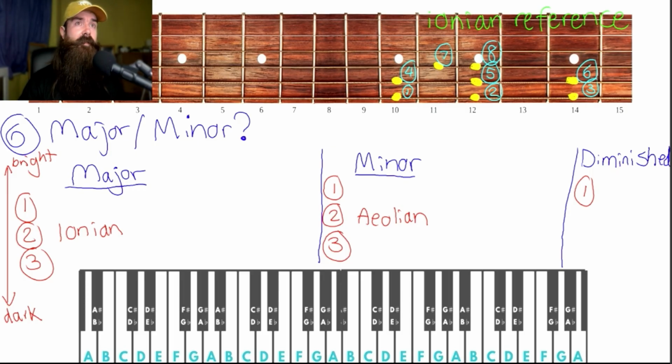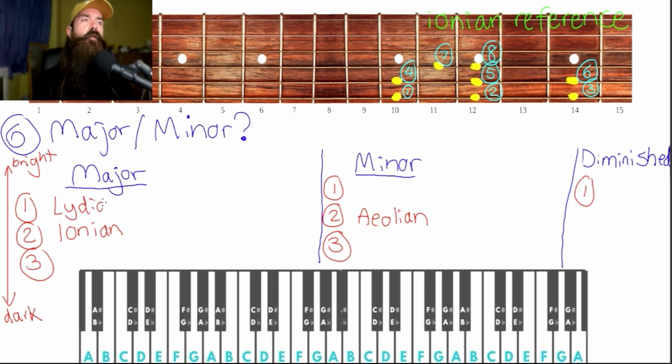So what we'll now do is talk about the first scale type in order of brightness. The very brightest mode out of the 7, and the brightest out of the 3 major, is the Lydian mode. What we've got to do to the normal Ionian scale on the top is take that 4th note, or 4th interval, and sharpen it by 1 semitone. So we'll put an arrow so it's being moved, and we'll put the sharp symbol above it.